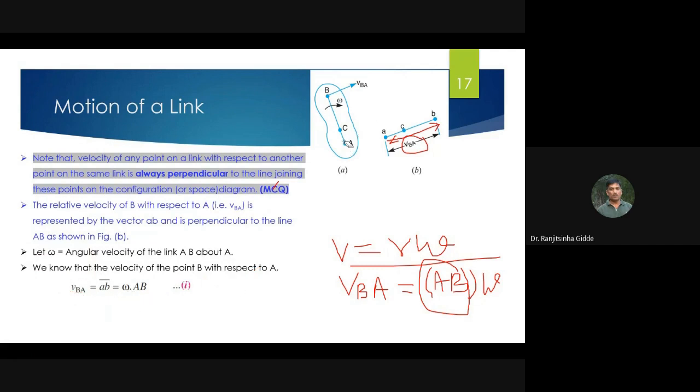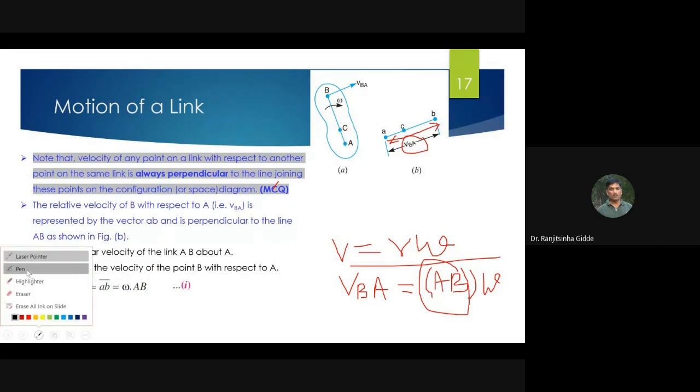Okay. Similarly, we can consider another point, and it is denoted by C. Again, the distance between this A and C is not going to change. It is fixed. Then the relative velocity of this C with respect to this A will also be perpendicular to this CA.